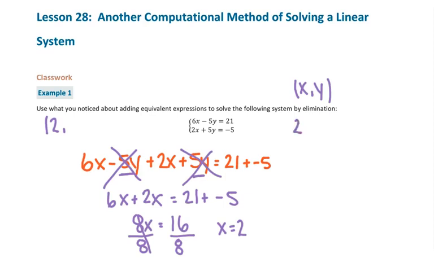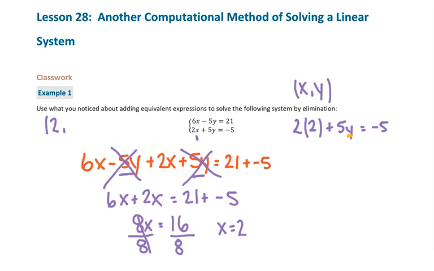So the second equation reads 2x plus 5y equals negative 5. So I'm going to multiply my 2 by the 2 that I just determined that x is. So I'm substituting this x for 2. So I've got 2 times 2 plus 5y equals negative 5. And what I'm doing is I'm solving for this y value right here.